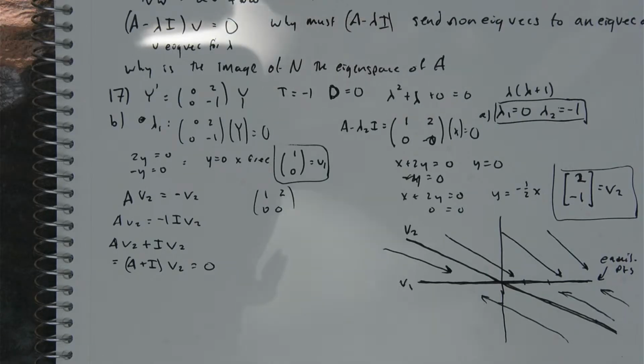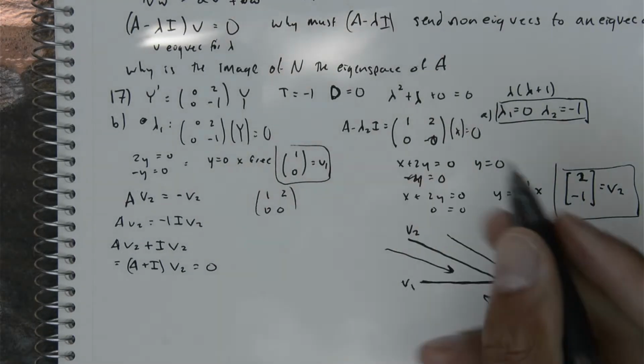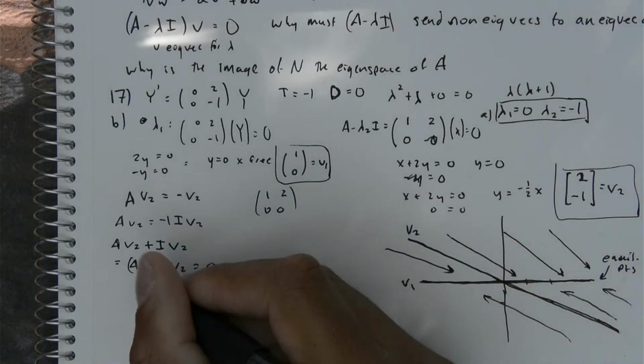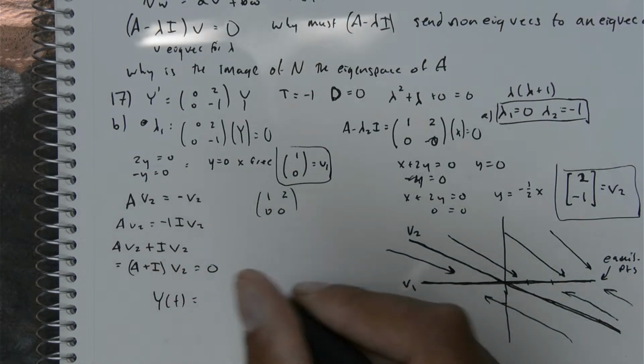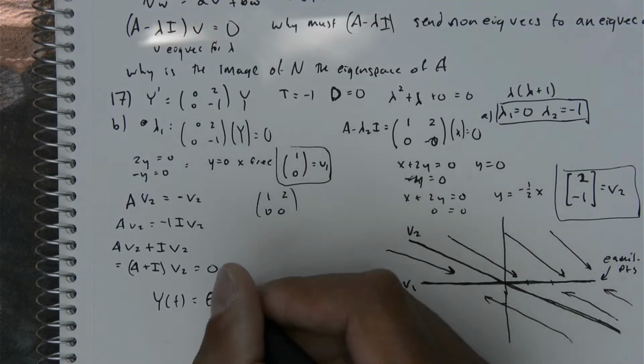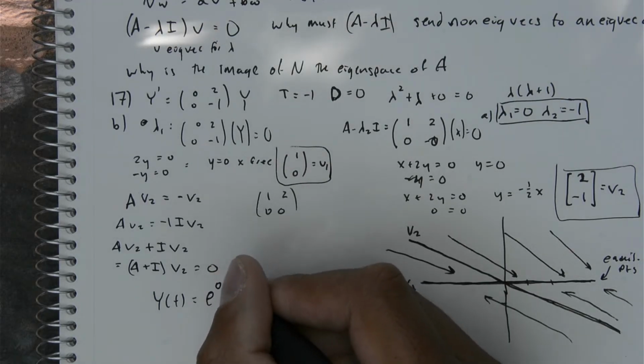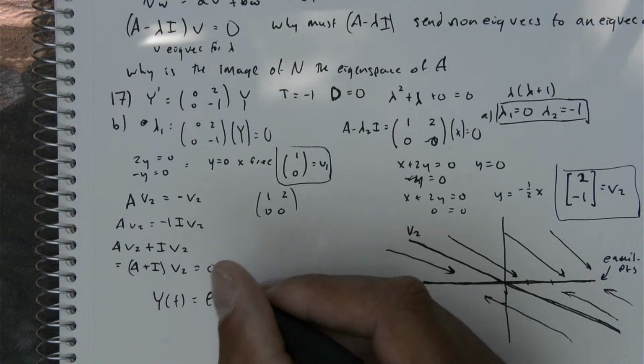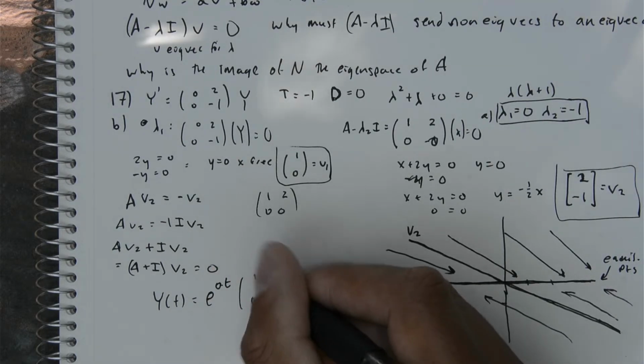And so now we need to find the general solution, right? So the general solution, we have two distinct eigenvalues. So we're going to have y of t is equal to e to the 0t times 1, 0.